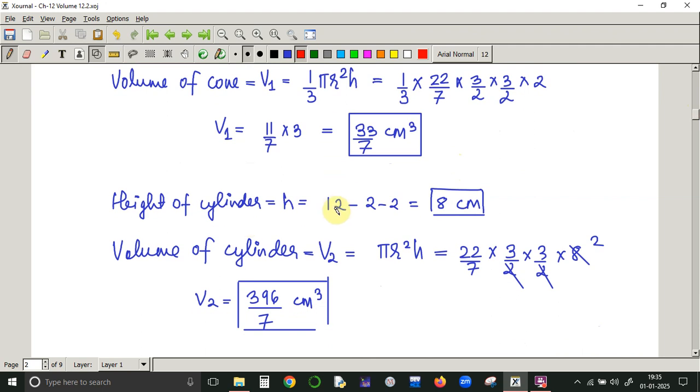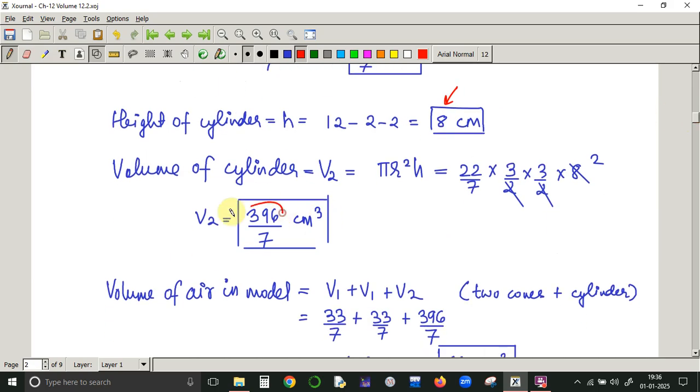Now height of cylinder is 8. So 12 is the total height minus height of one cone and height of another cone. So volume of cylinder, the name is V2. Volume of cylinder is pi r square h. Substitute the value, cancel the numbers and keep it in fraction. Now volume of air in the model is V1 plus V1.